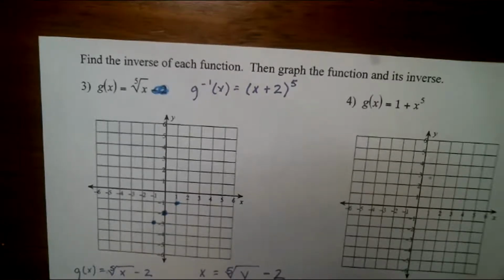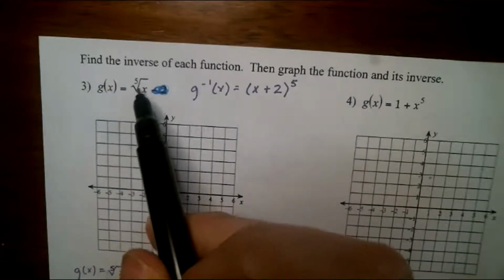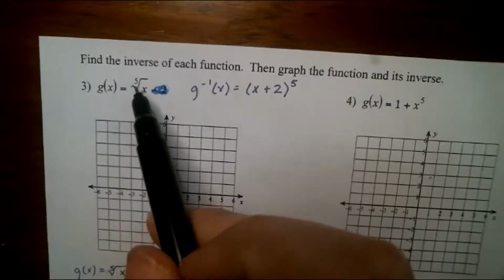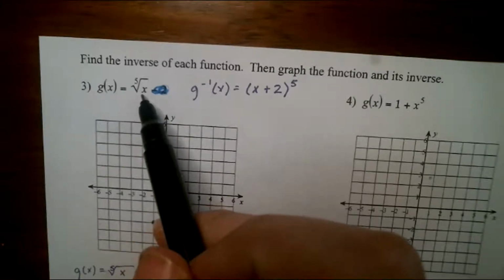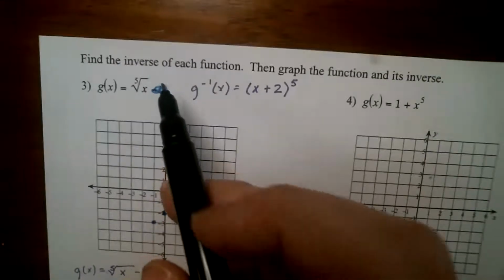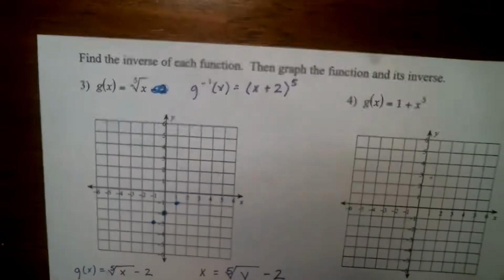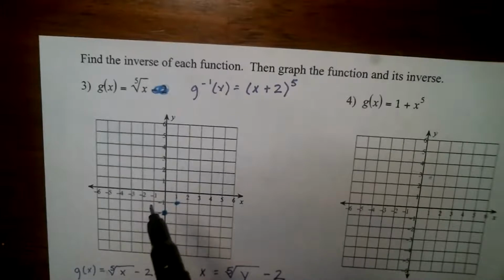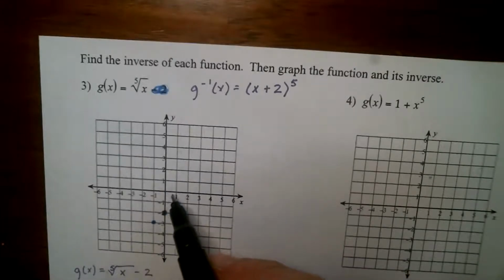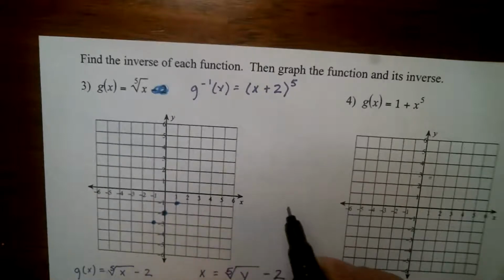Now, the next perfect fifth root would be the fifth root of 32, and that is 2. So the next root you would have to do is you would go from here, up 2 and right 32. So we're going to assume that up 2 and then right 32 is way over here.